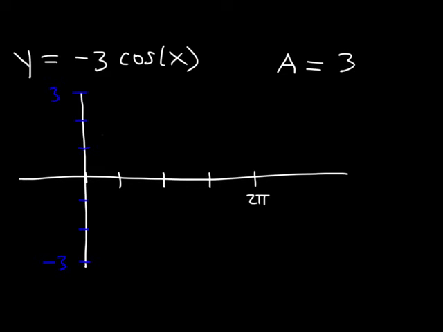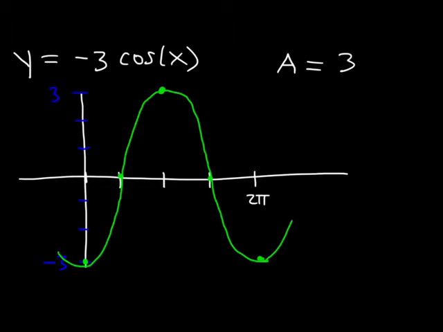So cosine typically starts at the top, but we have negative cosine, so it's going to start from the bottom. And then it's going to go to the middle, to the top, back to the middle, and then back to the bottom. So that's how we can graph one cycle of -3 cosine x.